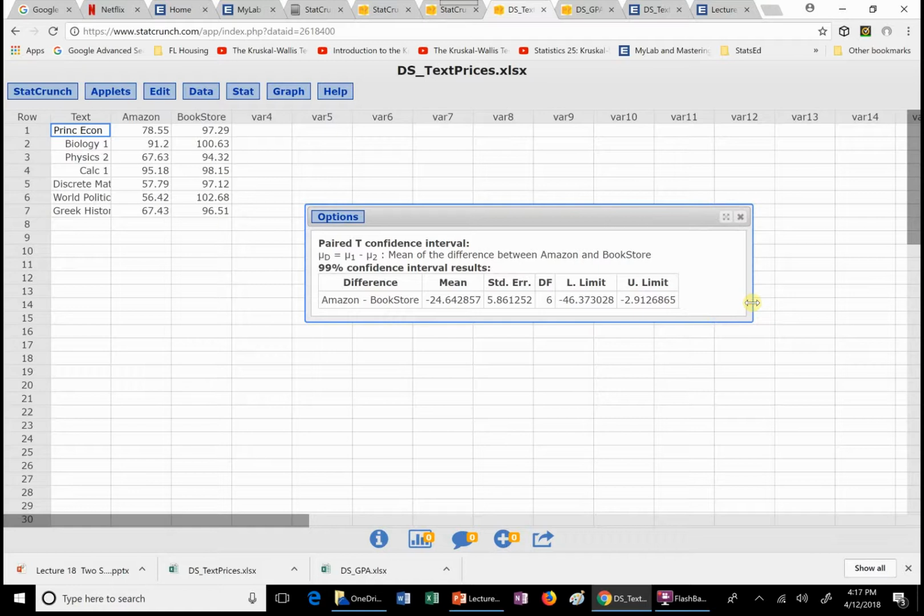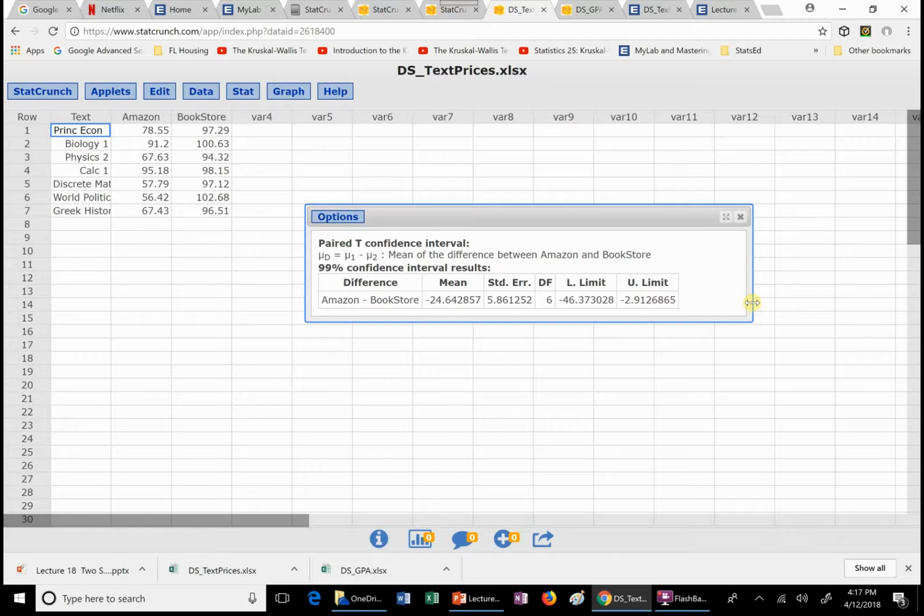So the relevant part of this table is the upper and lower limits, right? So this is the confidence interval. What this says is that the true difference in the means, the mean text price, is between minus $46 and roughly minus $3.